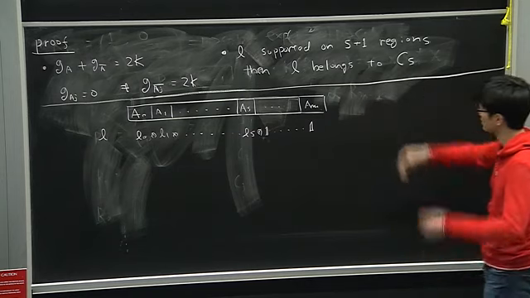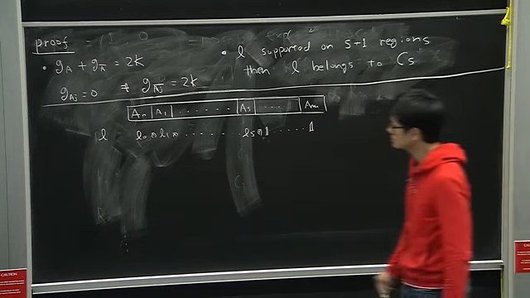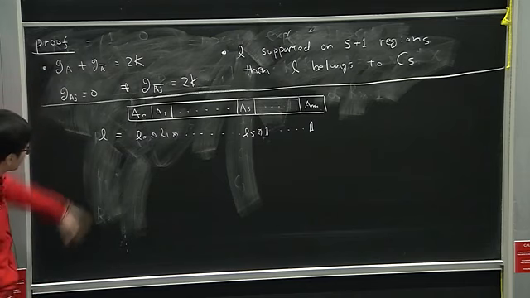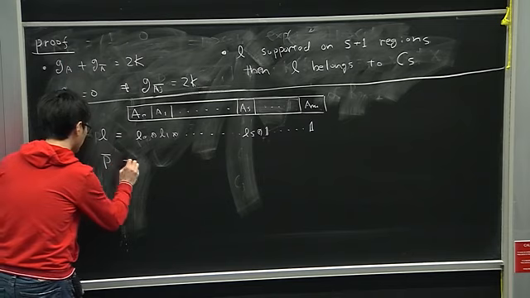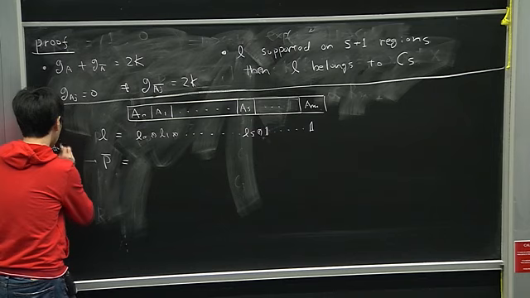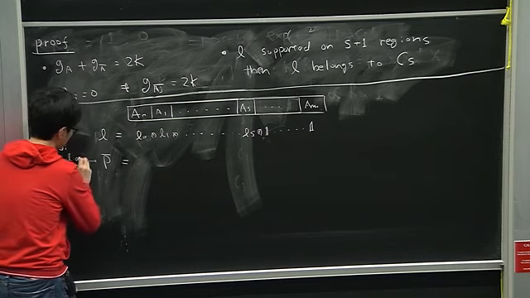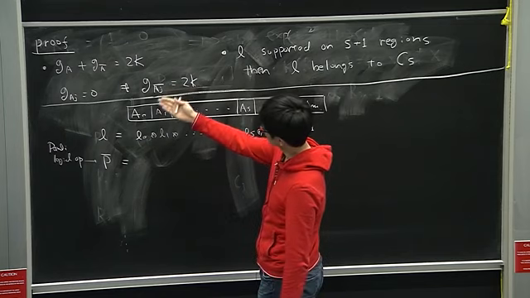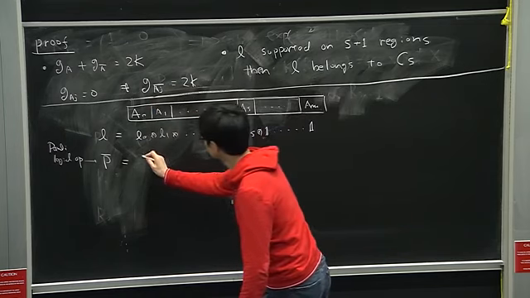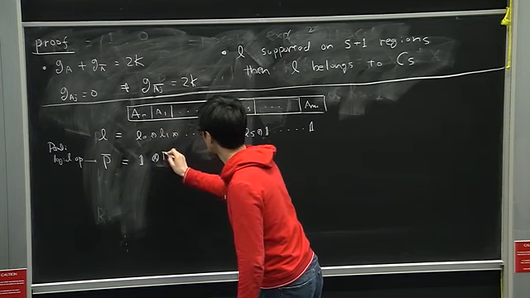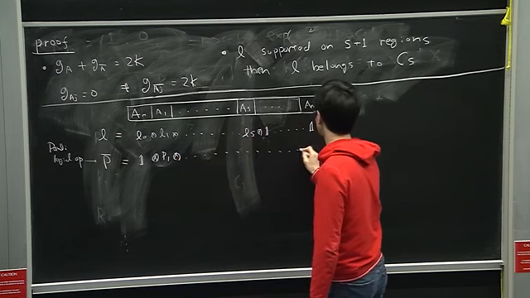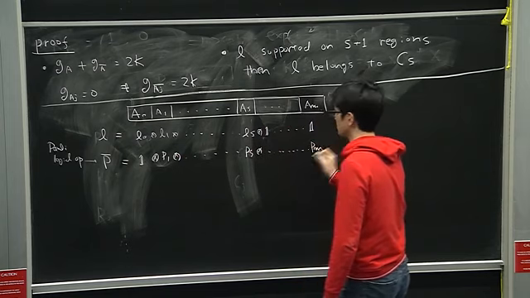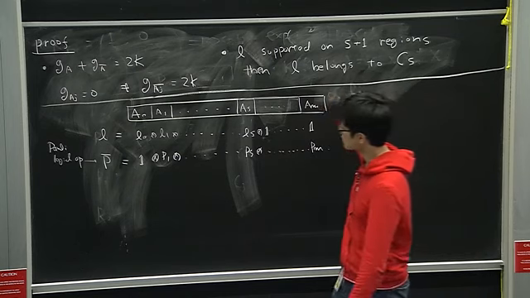That's what we mean by supported on S+1 regions. Now, because of this cleaning property, if we have a Pauli logical operator, then we know that it can be supported on the complement of A_j. So let's do this. Okay, so it's supported on all the regions except A0.